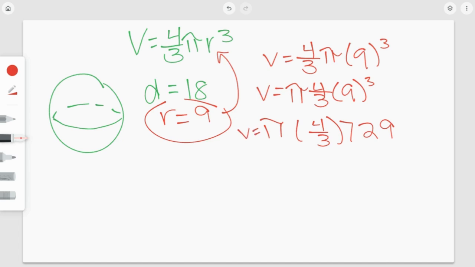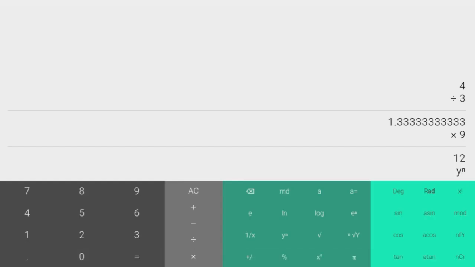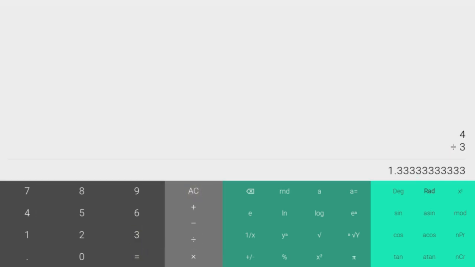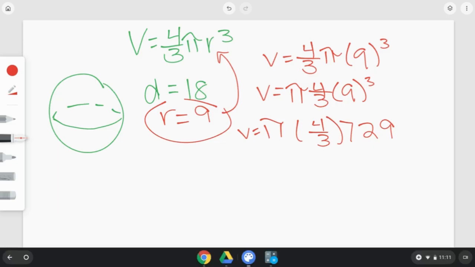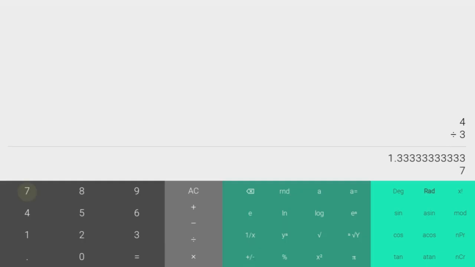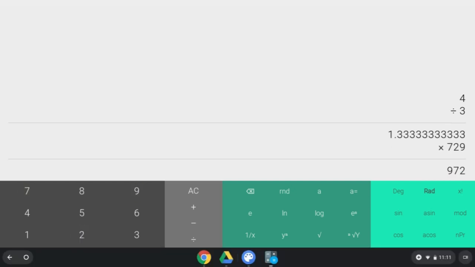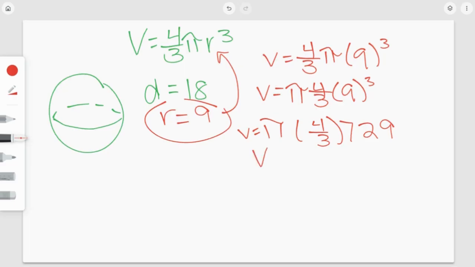So 4 divided by 3 times 729 equals 972. So we go back and we have 972 pi. Again, that's if the directions say in terms of pi.